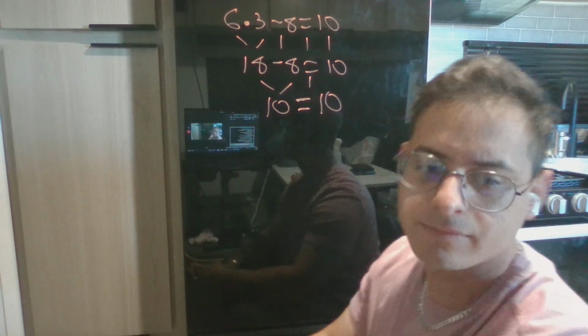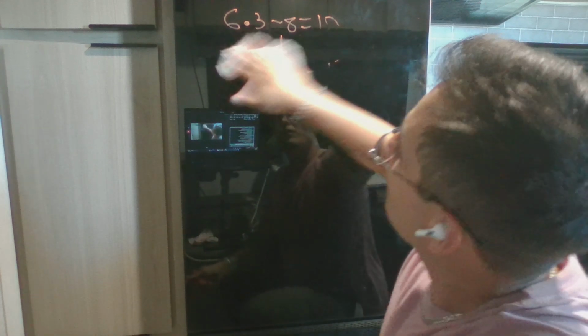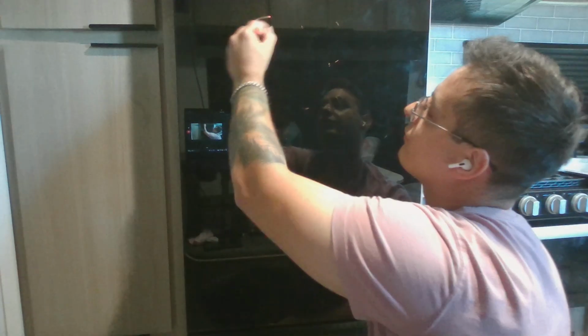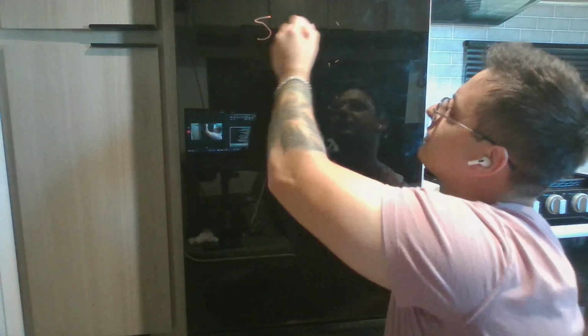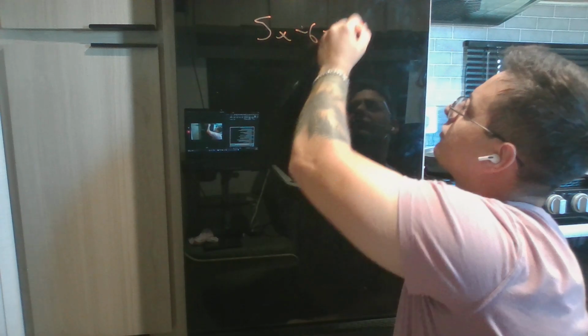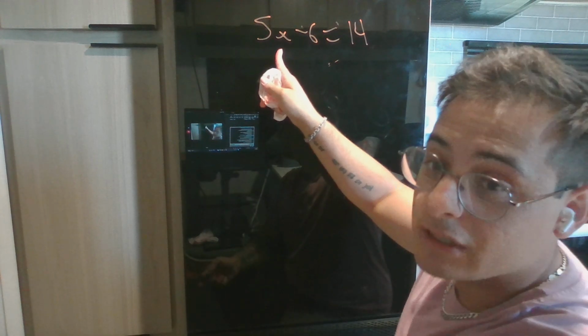All right. So remember, when you have something like this, 5x minus 6 equals 14, our x is lost and we need to retrace its steps.